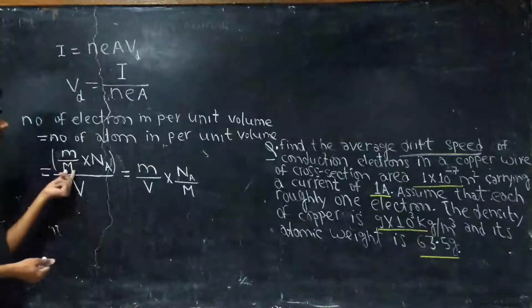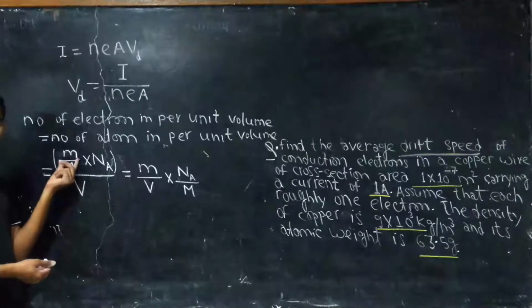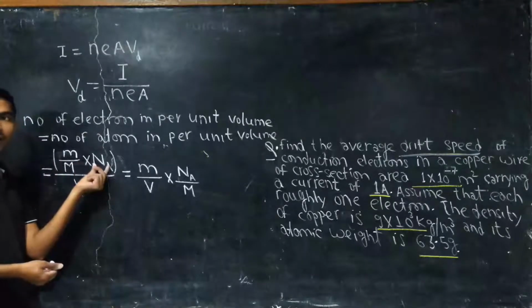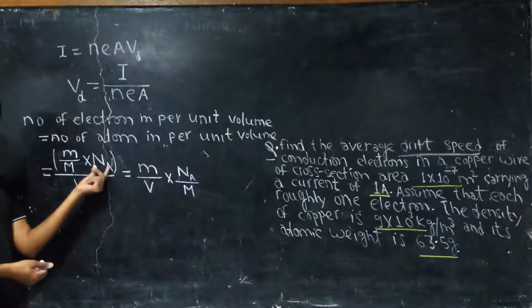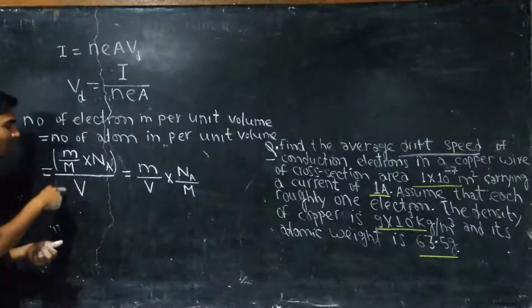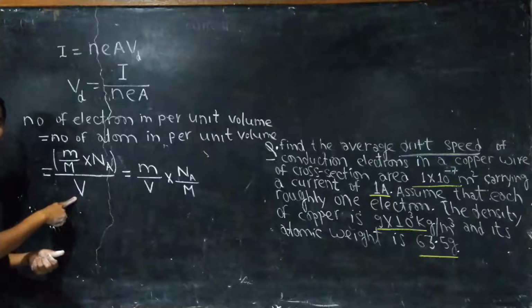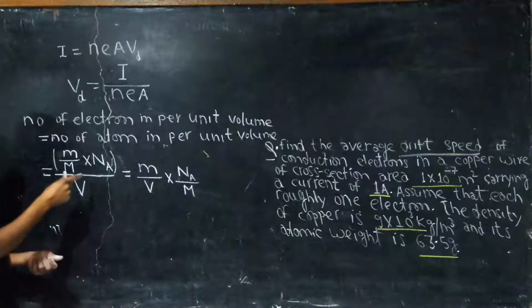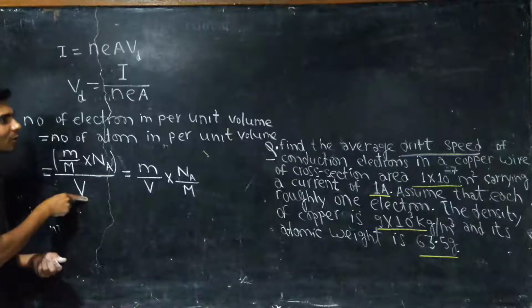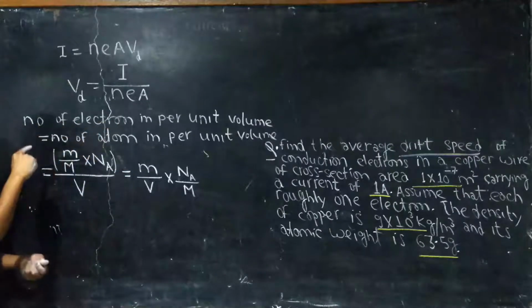So mass divided by atomic weight will give mole, and mole multiplied by Avogadro number will give the number of atoms. And the number of atoms divided by volume will give the number of atoms per unit volume, and that will be the number of electrons per unit volume.